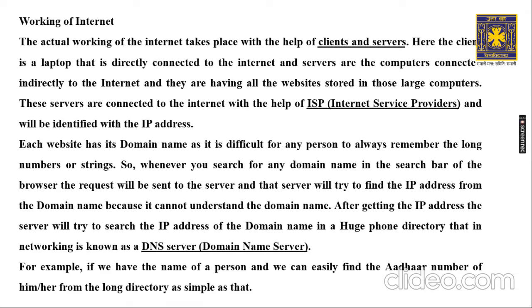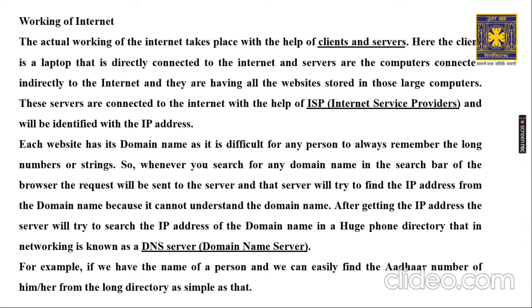Servers are connected to the internet with the help of ISPs. ISP means internet service providers, and these ISPs and servers are identified with IP addresses. I had already told you on that day about logical addresses with the help of which these servers are identified. Each website has its domain name, as it is difficult for any person to always remember a long string of numbers.